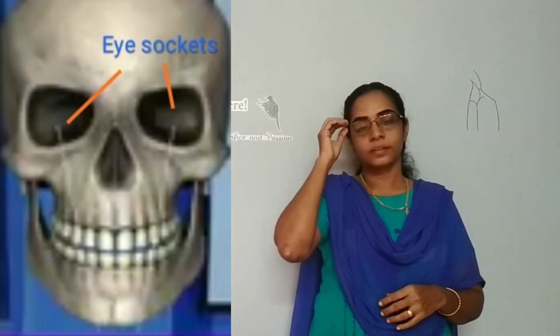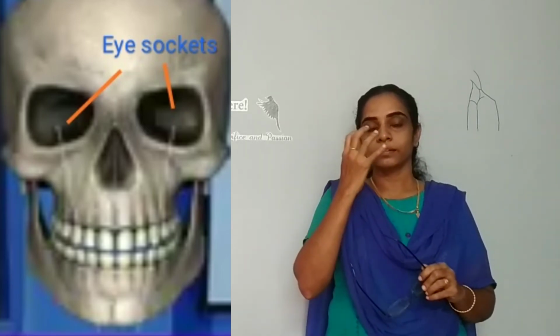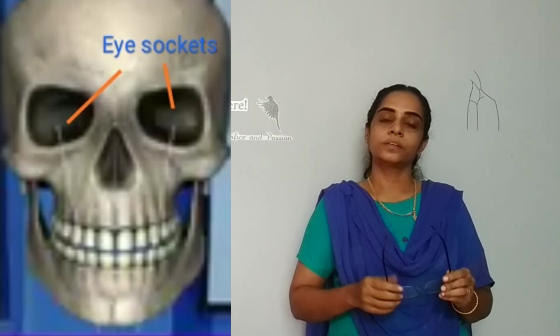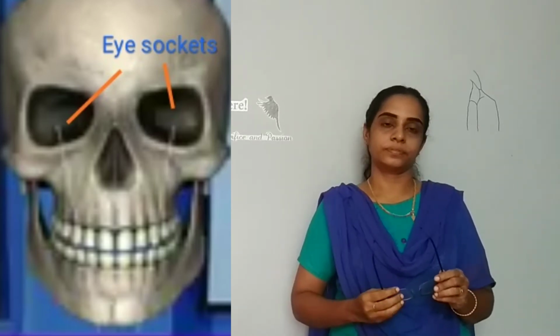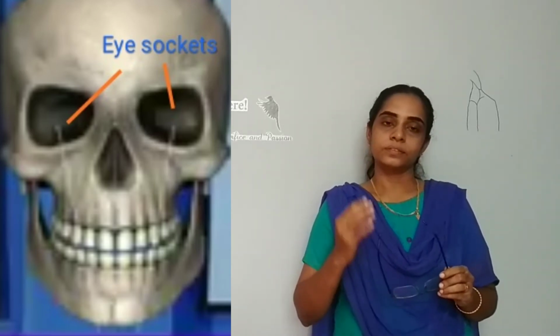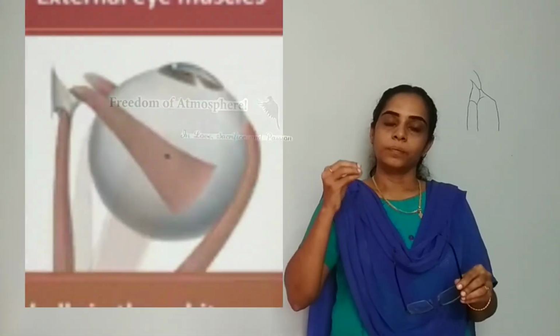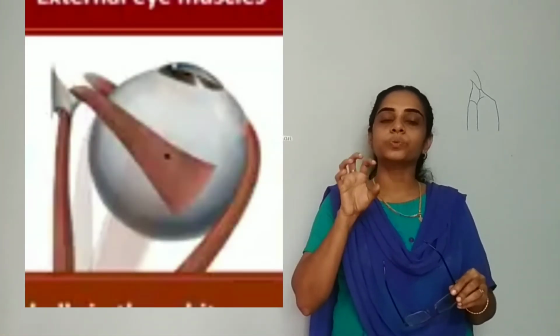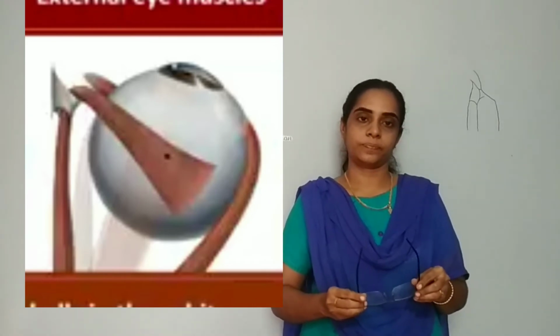So our eyes are situated in depressions of the skull, so they are very safe. And muscles are fixing our eyes to that eye socket.